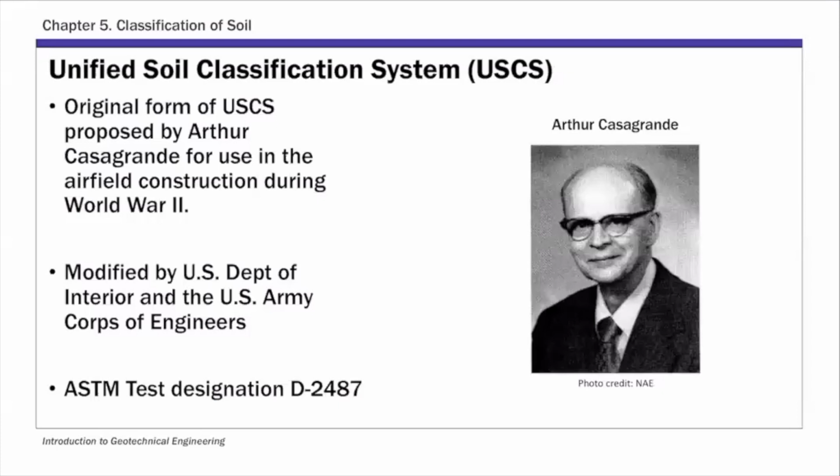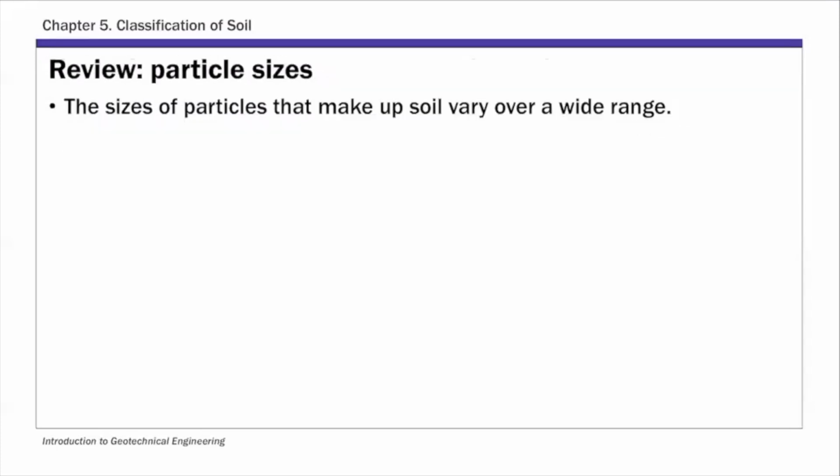To use this system, we need a few pieces of information. Here is a quick review of what we have discussed so far. First, the particle sizes, from chapter 2. In chapter 2, we talked about different types of soils, gravels, sands, silts, and clay, based on their particle sizes.